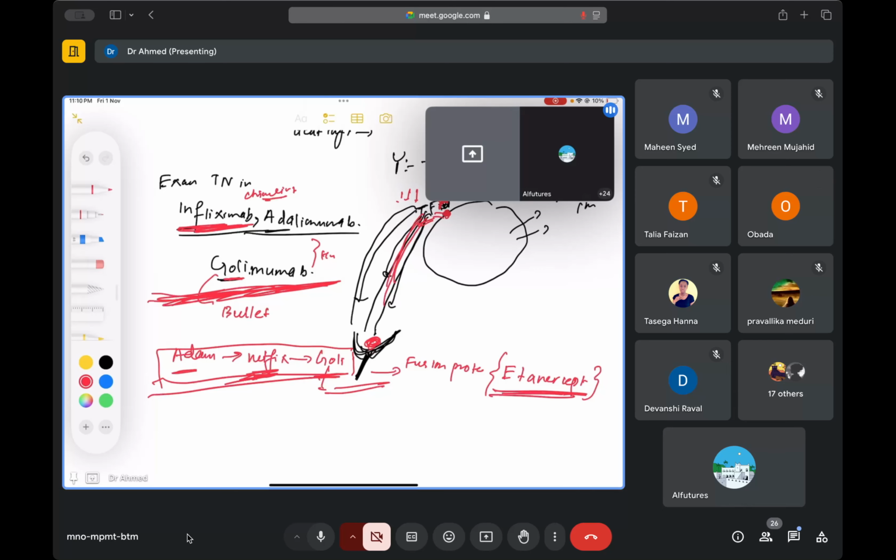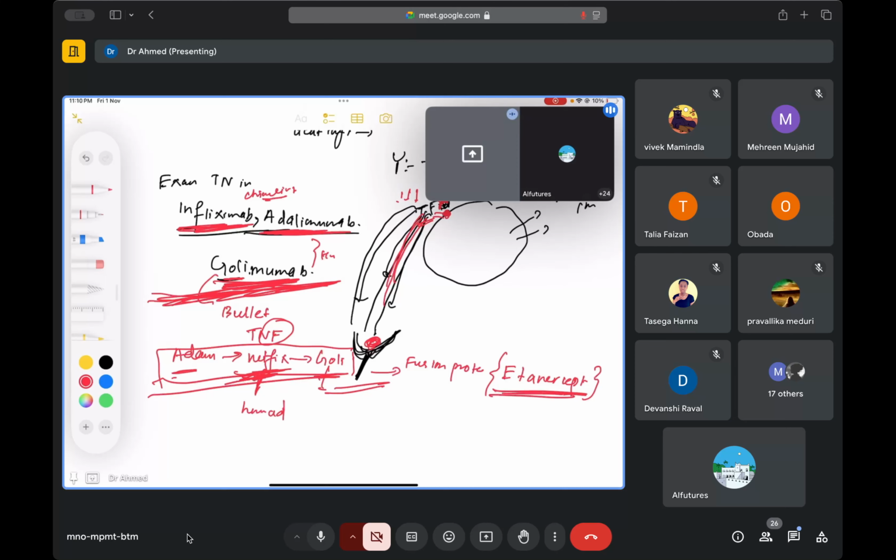Infliximab, Adam for adalimumab, and goali for golimumab. They block the TNF receptors. And Netflix: humans watch Netflix, animals do not watch Netflix, so it's the humanized form.